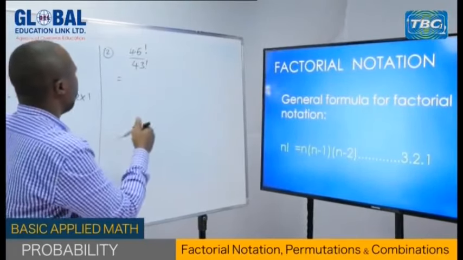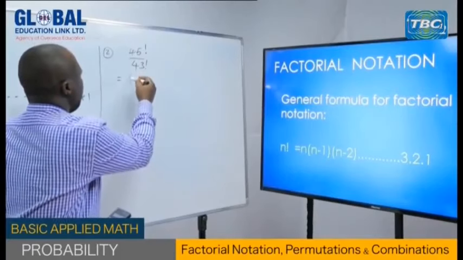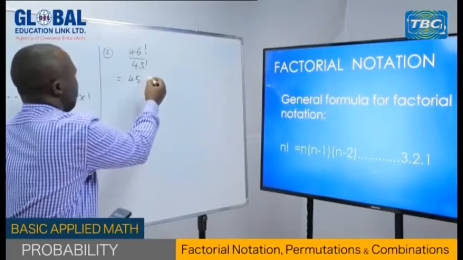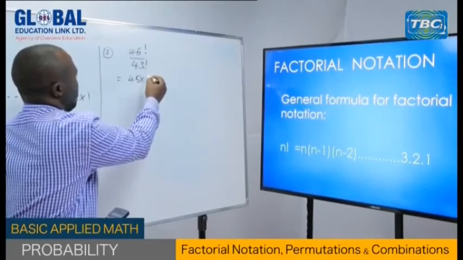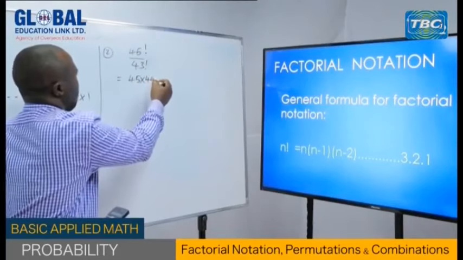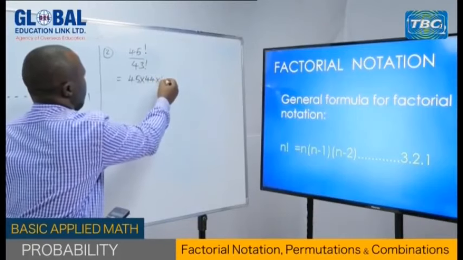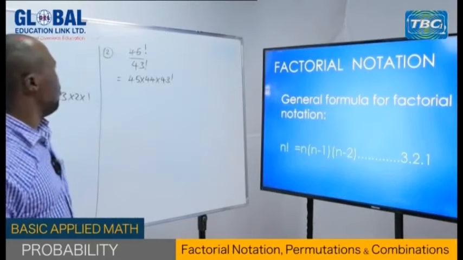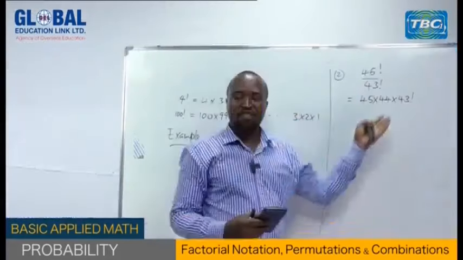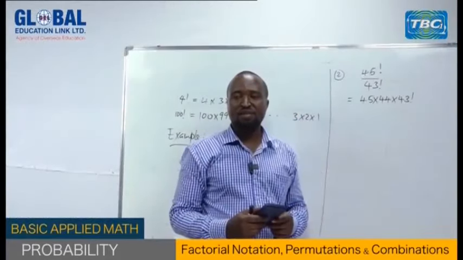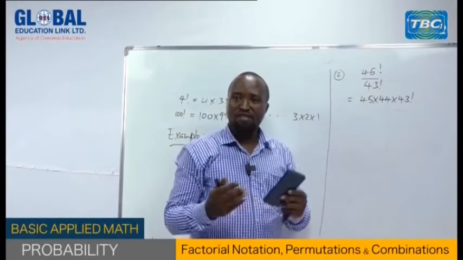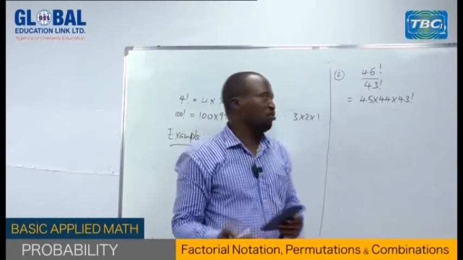The numerator will be 45 factorial. 45 factorial is the same as 45 times 44 times 43 factorial. Why are we ending in 43 factorial? That is because in our denominator we have 43 factorial.